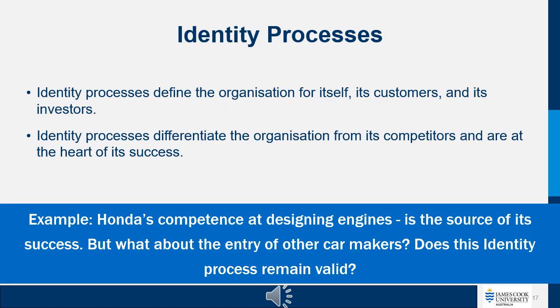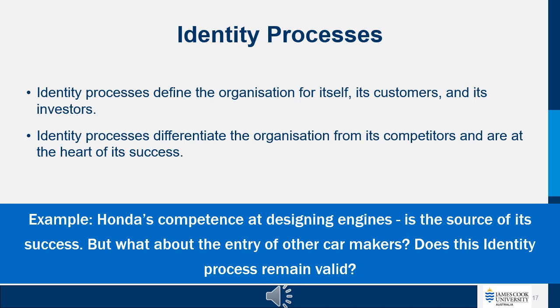And it's very important that we try to identify what type of process it is. If it's none of this type of process that we're going to talk about in these couple of slides, then we need to identify, all right, is this process necessary to have? So one of the main processes is the identity process, which defines the organization for itself, its customers, its investors.